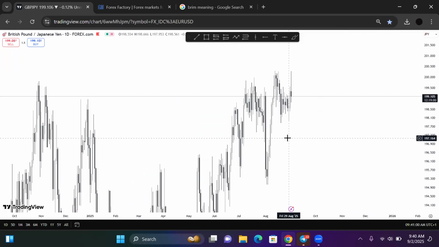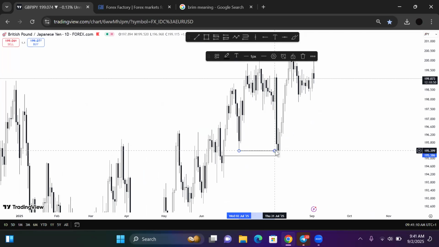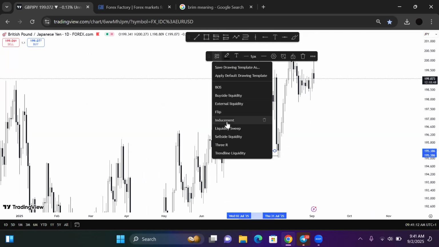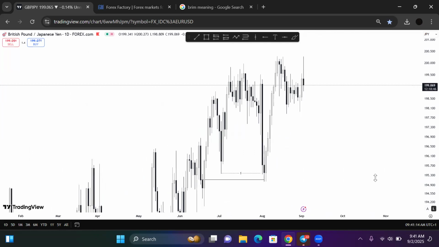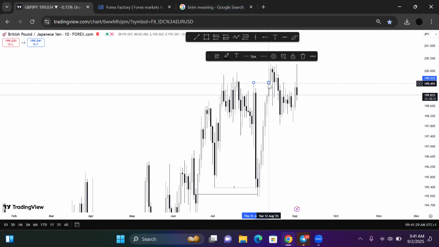The market tapped on this O&C level, using this zone as inducement. Then we have a break of structure right here. Normally this is where the break happened, but I like to do it here because this is the low. This is the high that caused this low, then it got invalidated here. So I like to draw my break of structure from here.